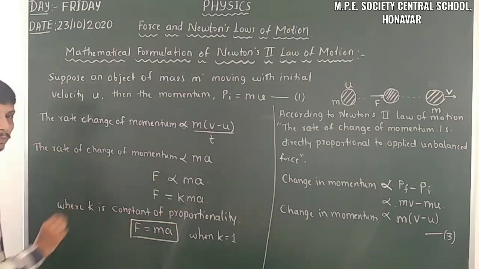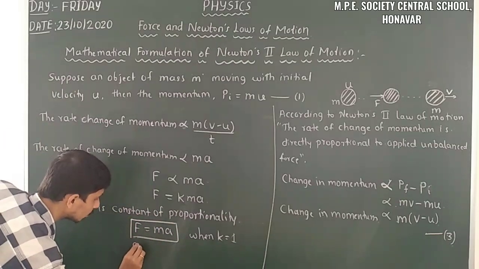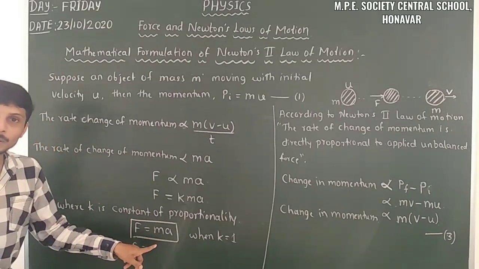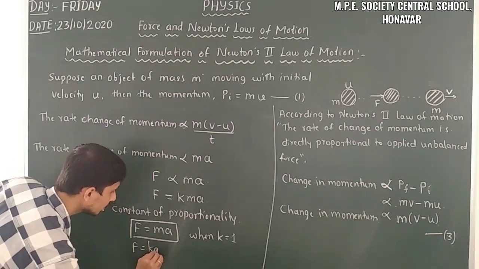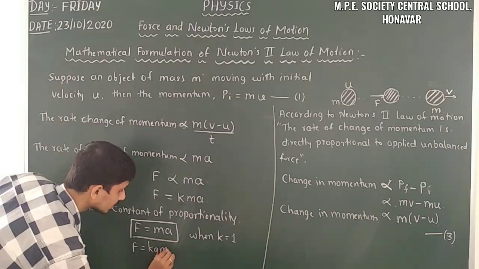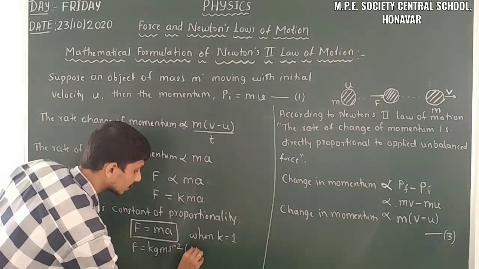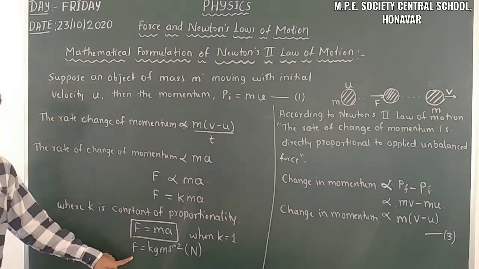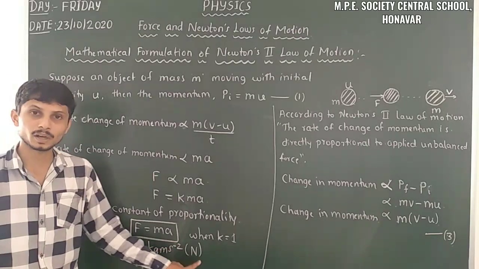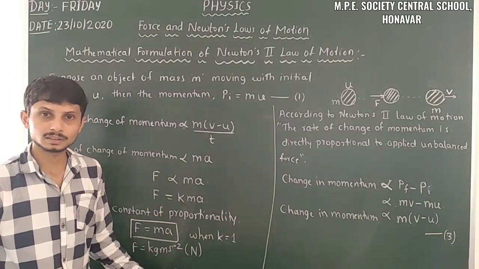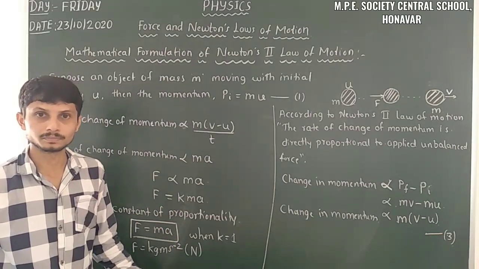The SI unit of mass is kg and A is meter per second raised to minus 2. So SI unit of force is kg meter per second square, which we call a Newton.